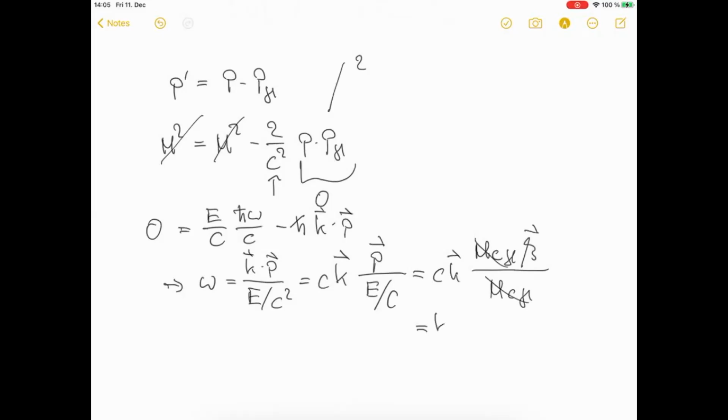This is just k times c times beta. So it is actually k times the velocity of the particle.